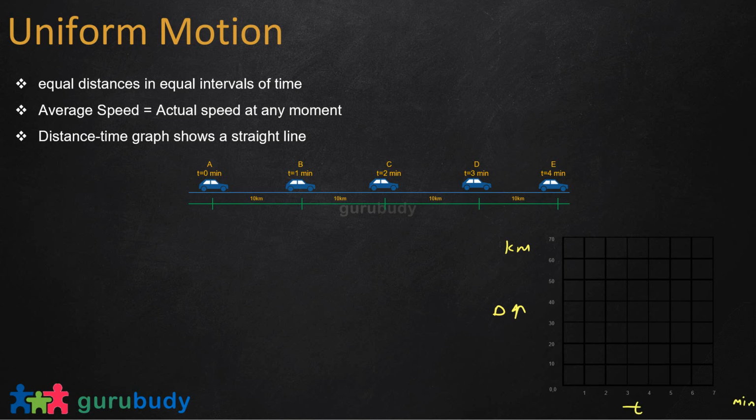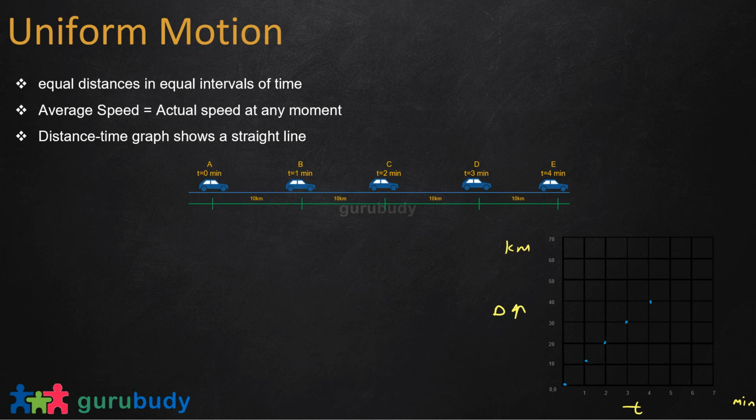If I am drawing these points A, B, C, D, E, let's say A is 0, the car has not traveled anything. Then at B, the car has traveled 10 kilometers. At C, the car has traveled another 10 kilometers in 1 minute, and then E would be here.